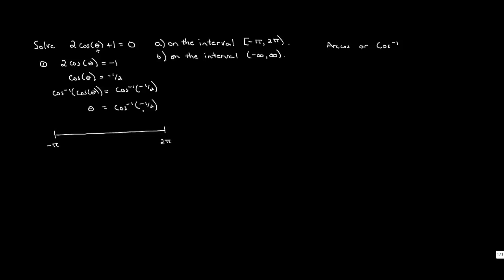So this says find an angle whose cosine value is -1/2.